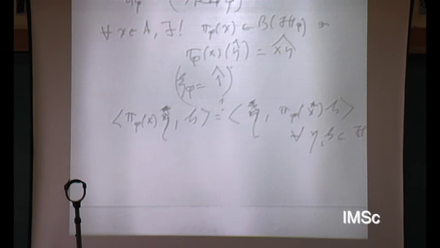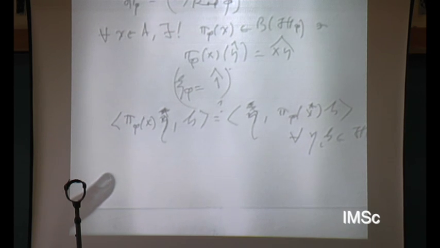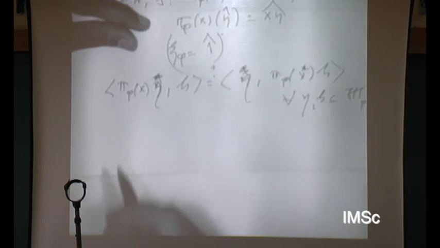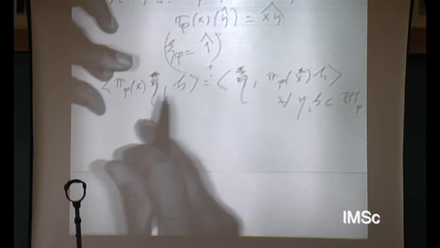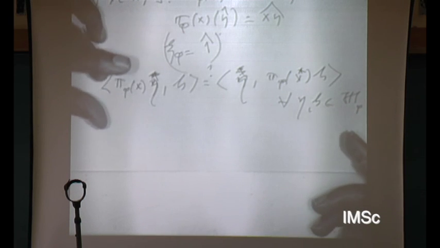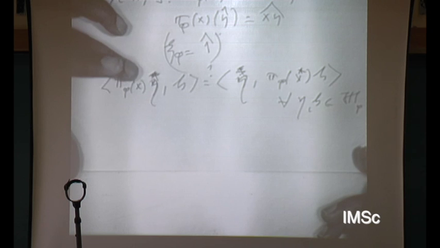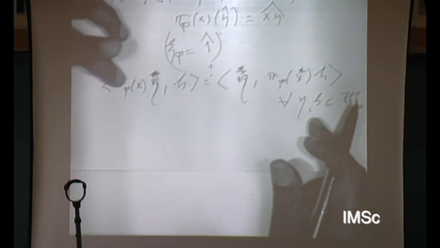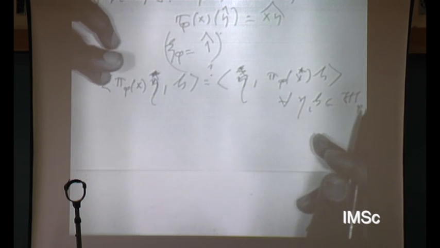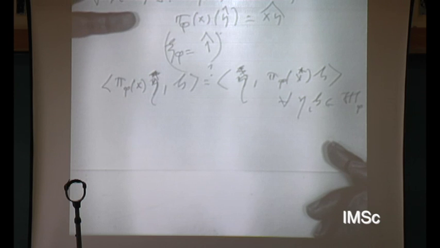That is what it means to say that pi phi of x star is the adjoint of pi phi of x. Right? And rather than verifying this identity for all vectors in the Hilbert space, because all the operators in question are continuous, it is enough to check them on a dense subspace.